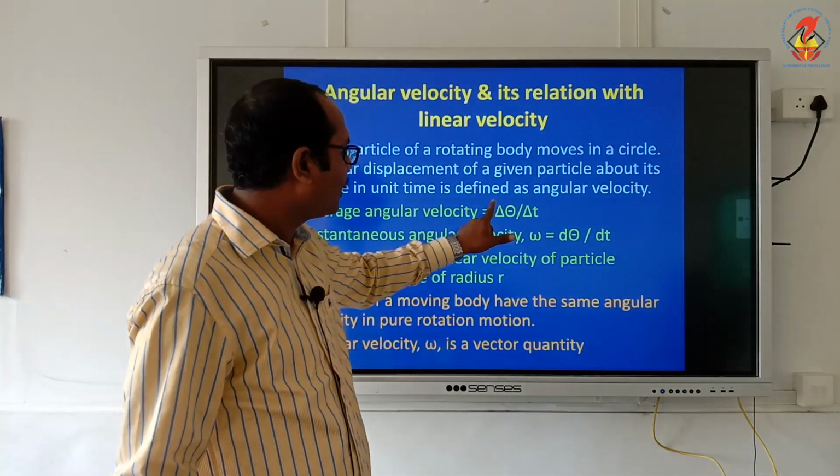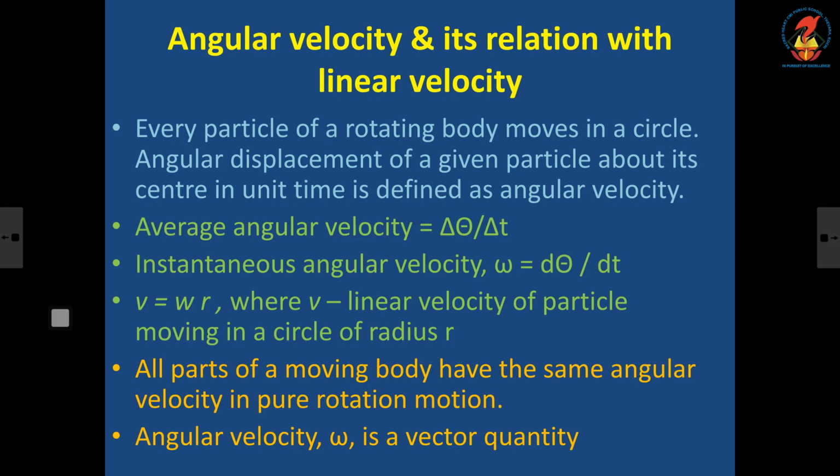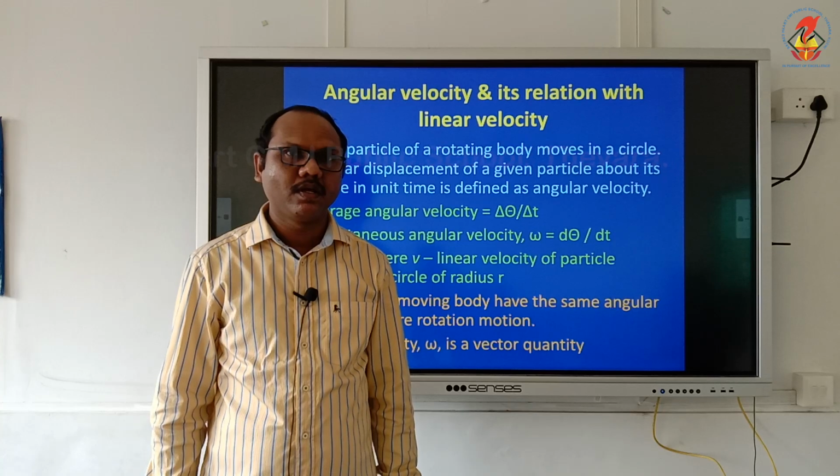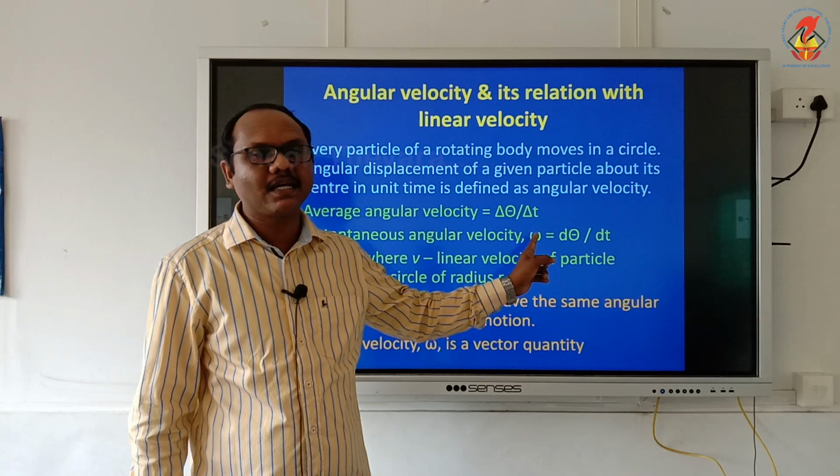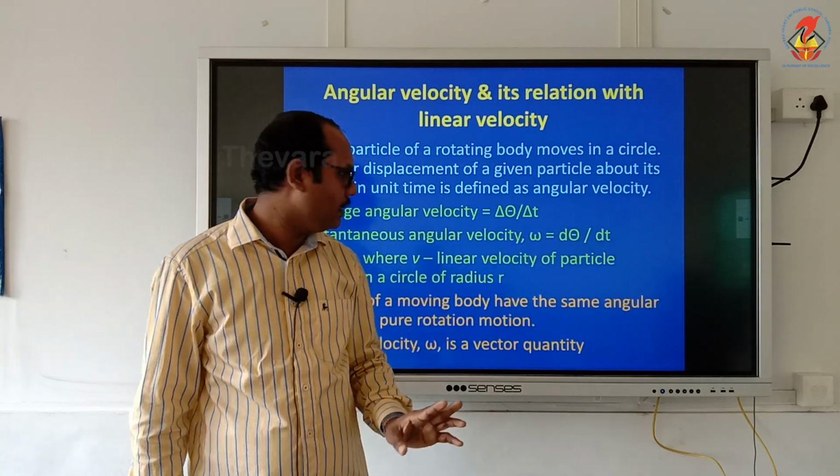That is what I have written, delta theta by delta t. Now, instantaneous angular velocity is written as omega. Omega, instantaneous angular velocity, is equal to d theta by dt. So, average angular velocity is delta theta by delta t, instantaneous angular velocity is d theta by dt.